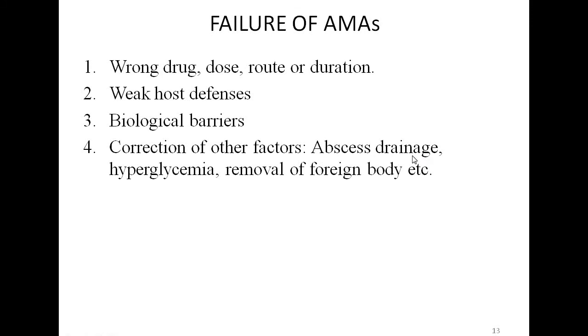If the pus is not drained, the antibiotic is not going to work. If there is a foreign body still present inside, the foreign body needs to be removed. Hyperglycemia, increased blood glucose, is good nutrition for the bacteria to grow. So these factors need to be corrected along with the starting of an antimicrobial agent.